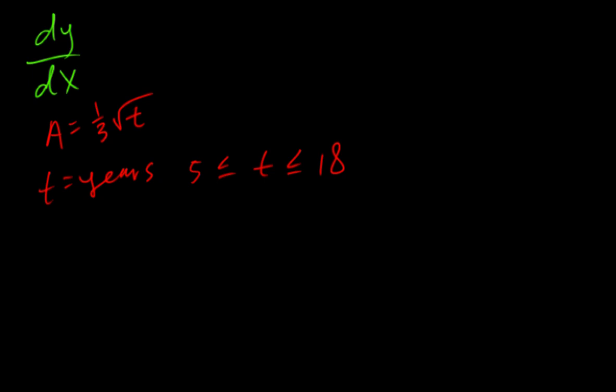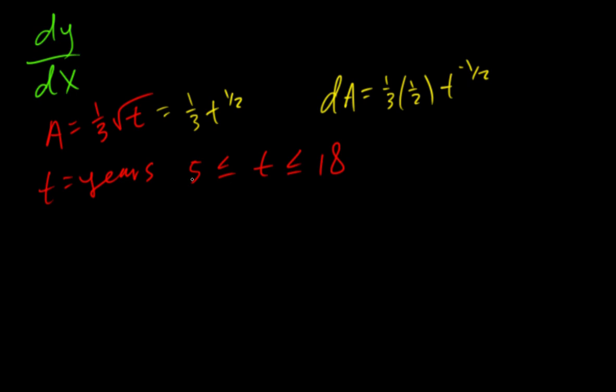So we're just going to take the derivative of this. First I'm just going to rewrite it as t to the 1/2. And so the derivative is going to be 1/3 times 1/2 t to the negative 1/2.